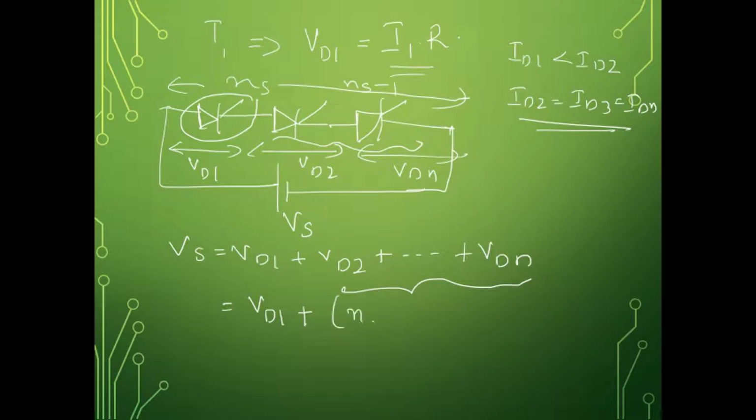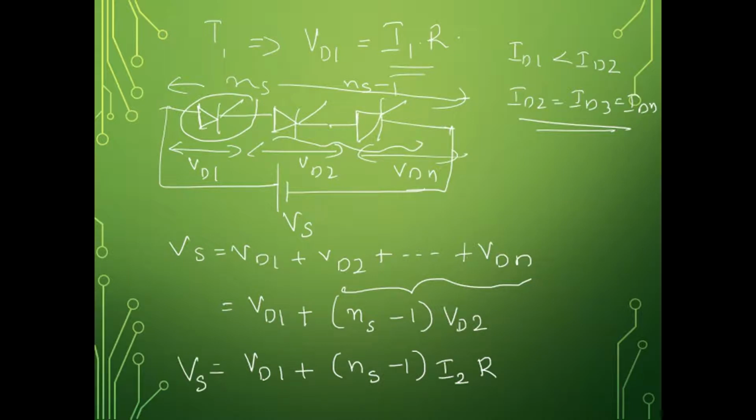So it is Ns minus 1 into Vd2. So Vd1 plus Ns minus 1 into Vd2 is nothing but I2 into R.